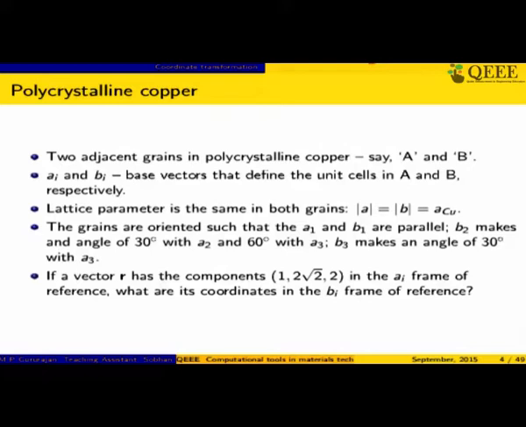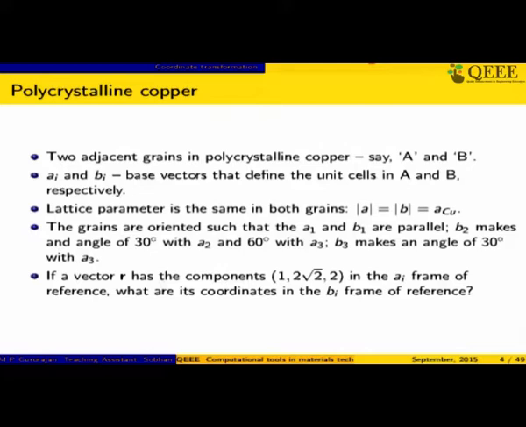But the lattice parameter, because this is the same copper, is the same in both crystals, both crystallites, or grains as they are called. They will have the same lattice parameter because it is the same copper material. The only thing is the two orientations.